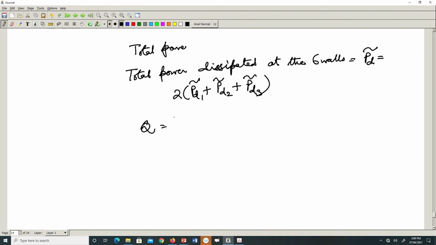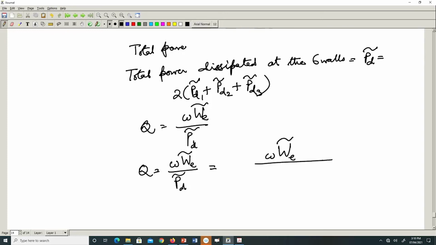The Q factor of the cavity is given by omega W e tilde by P d tilde, that is omega W e tilde divided by 2 times P d 1 tilde plus P d 2 tilde plus P d 3 tilde.